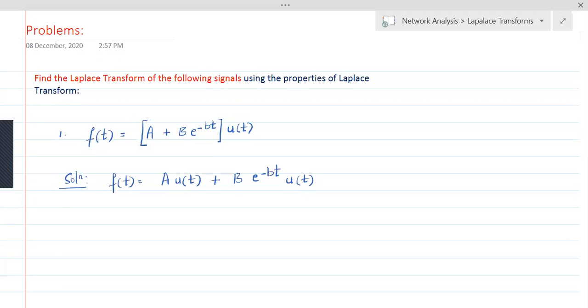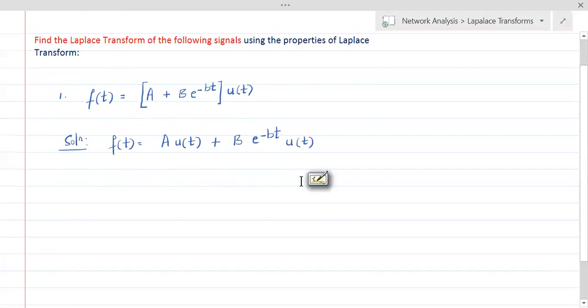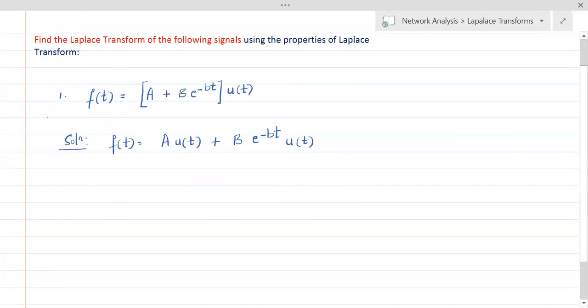Now, the first property that we have seen is the linearity property. What is the linearity property telling you? It tells you that if there is a scalar along with the signal, that scalar needs to be separated and the transform needs to be applied only on the signal.